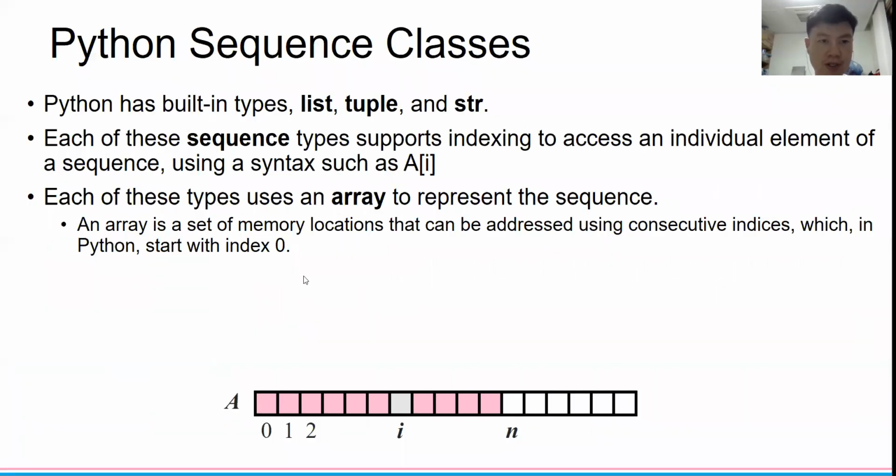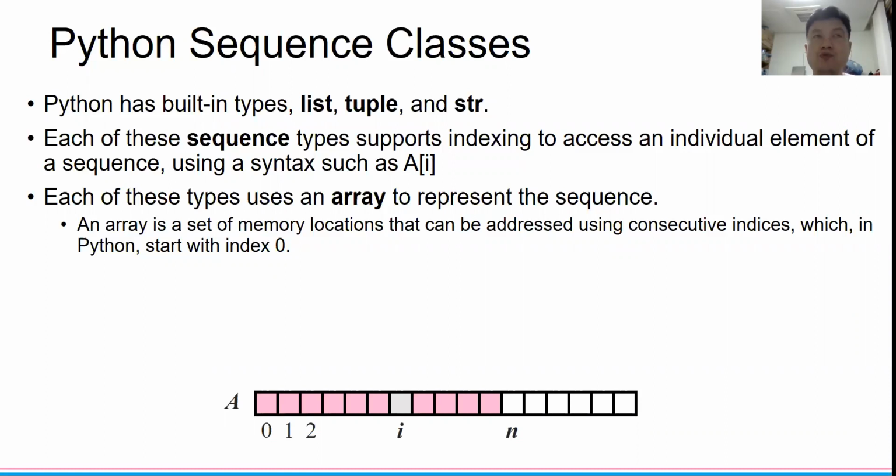If we are dealing with an array, let's say this is a list or tuple or string, for example we have the variable a, and you will use the square bracket i, where i represents the index. If you are using an array, you have the index, and Python starts the index with 0.